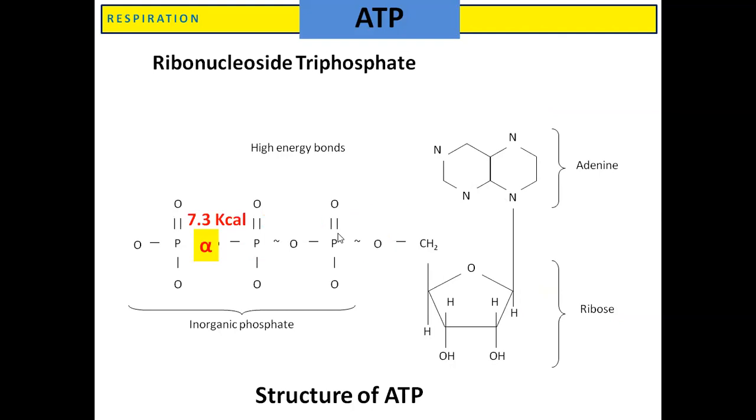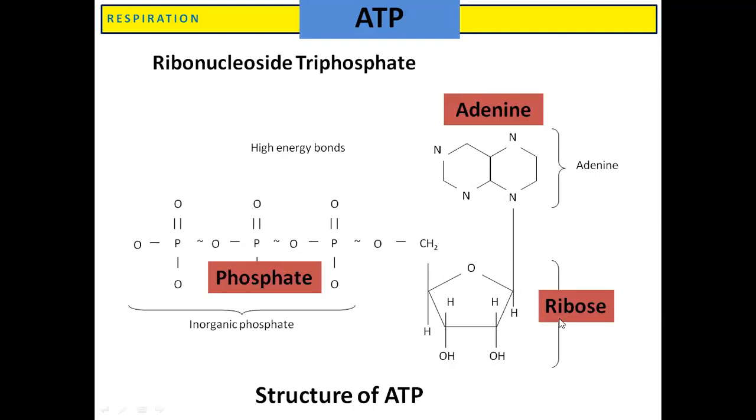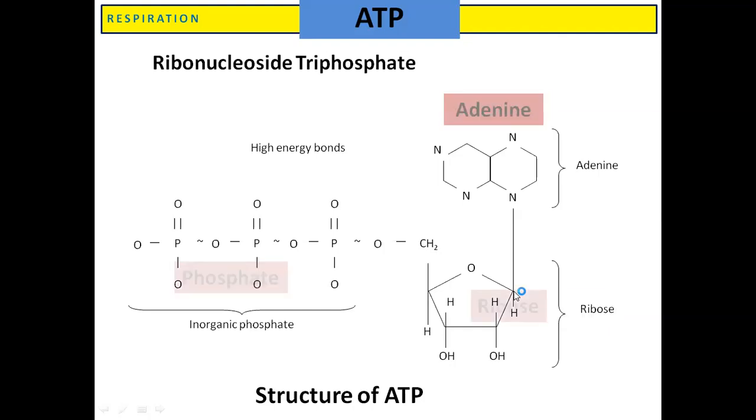Now, in this case, ribonucleoside triphosphate consists of three different units: ribose sugar, the purine derivative adenine, and the phosphate. Ribose sugar is a 5-carbon sugar. This ribose sugar forms a glycosidic bond with N9 of adenine.